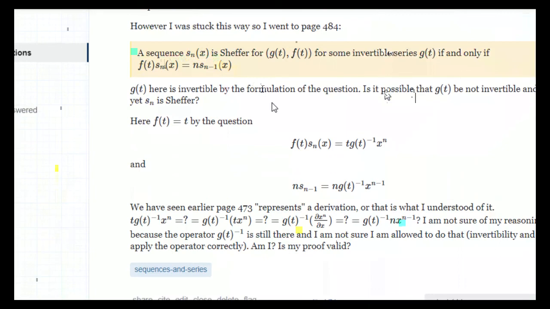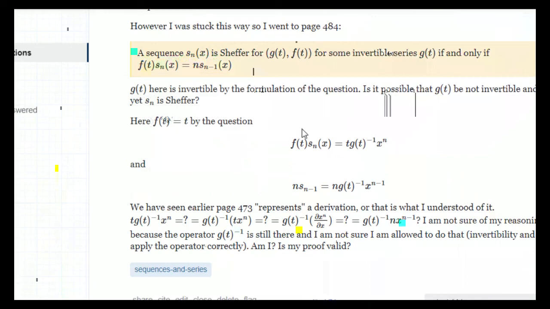One of the optional questions I asked is whether this fact could be verified for Sheffer sequences of non-invertible series. So here f(t) is equal to t.